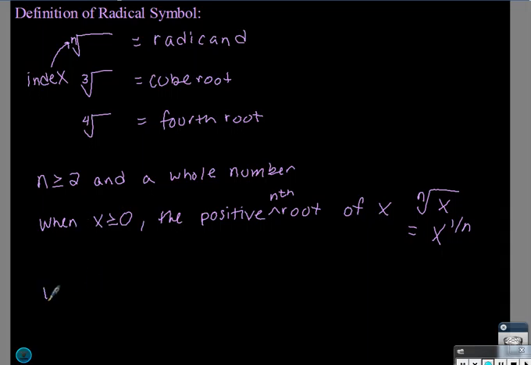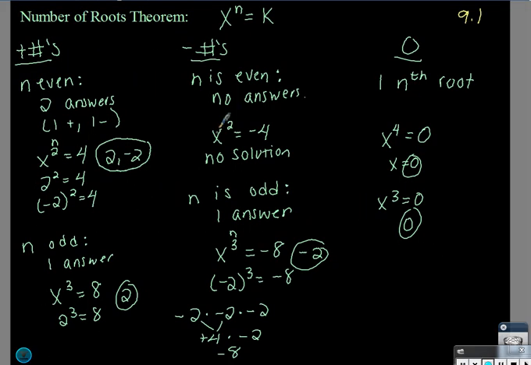So what about when x is negative? So when x is less than 0, then you have to have n is odd. You can only do this when n is odd, because we talked about on the previous slide that if n is even, there are no answers, so this isn't going to work.